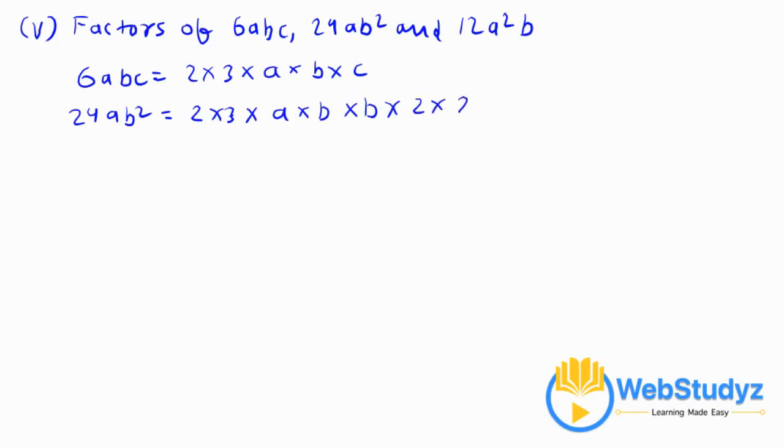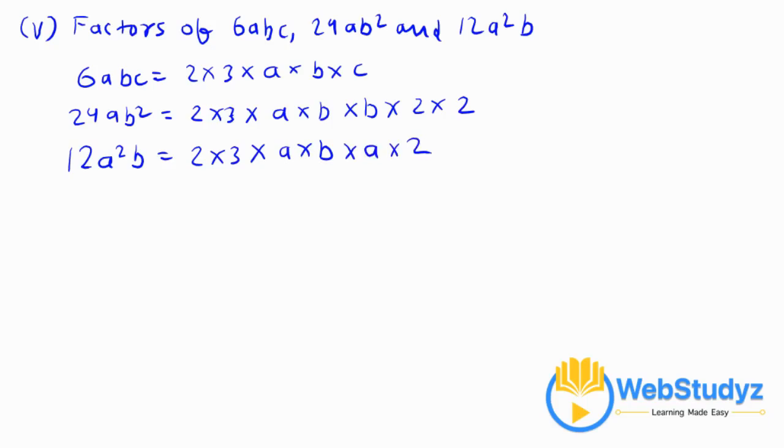Again, factors of 12a square b will be 2 into 3 into a into b into a into 2.